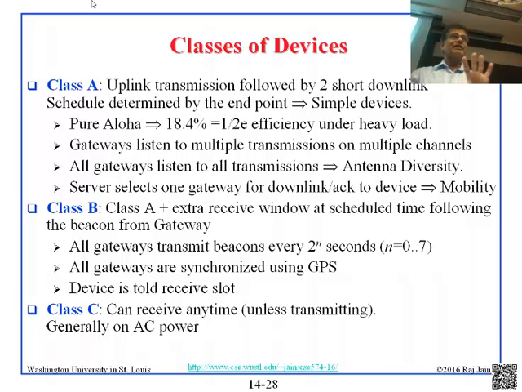Now remember, LoRaWAN is before 11ah. Right? So there are some features in 11ah which are not there in LoRaWAN. So it's pure Aloha. Pure Aloha means contention, basically. You just contend. And it works okay if your load is low, and that's what they assume, that the load is low. If the load is high, then a long time ago we did the analysis.